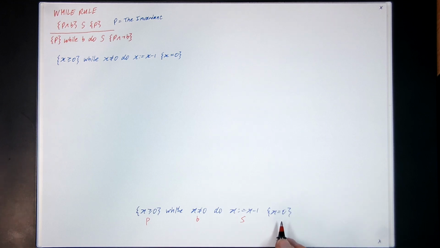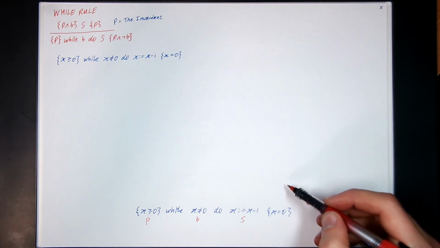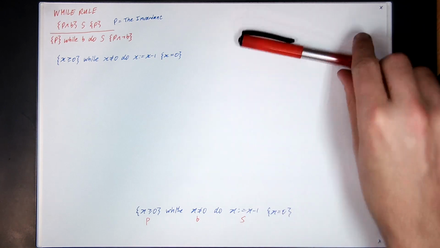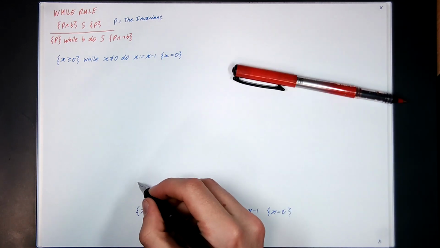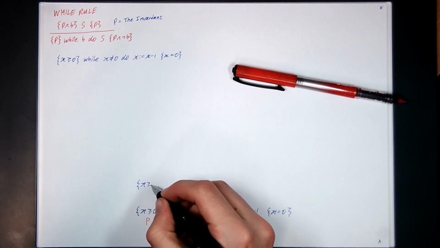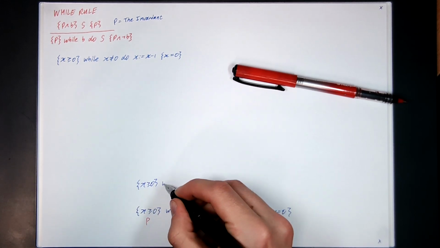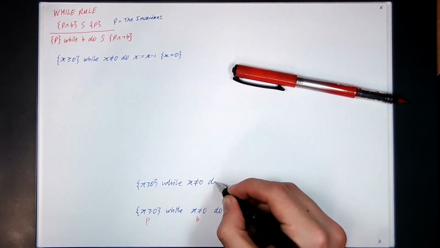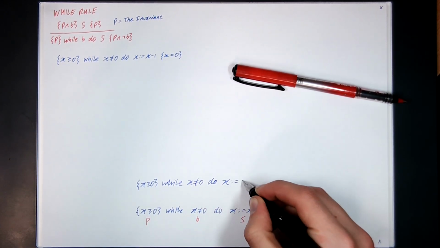So what I can do is try rewriting the postcondition so it looks like P and not B, and see if I can jump from my postcondition down to here using postcondition weakening. So let's try that and see if it works. x greater than or equal to 0, that's my P. While x is not 0, that's my B. Do the code S, decrement x by 1.